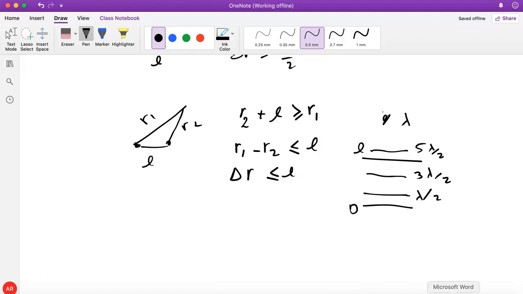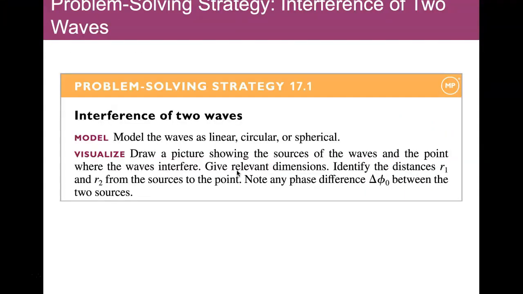All right. So let's go back to our slide. The model of interference, again, for two waves, is a useful model to visualize. We draw pictures of the sources and the points where the waves interfere, and we find R1 and R2, the distance from the source to that point. If there is some difference between the phase constants of the two sources, we take that into account, and then for every point we should be able to find the phase difference between the waves arriving at that point.